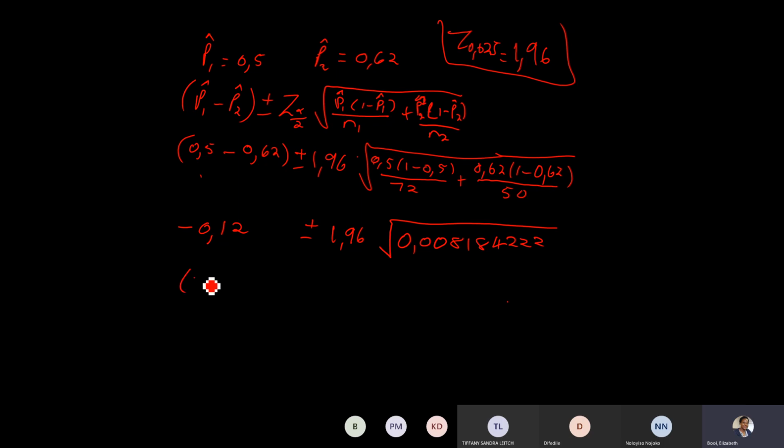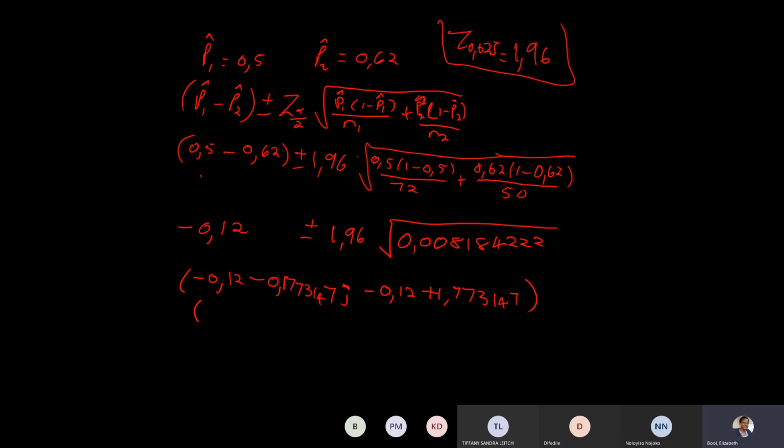So let's say from this side minus 0.12 minus 0.177314147, and on the other side minus 0.12 plus, because I'm just splitting it in terms of the plus or minus, 0.17731472. So there are a whole lot of numbers.